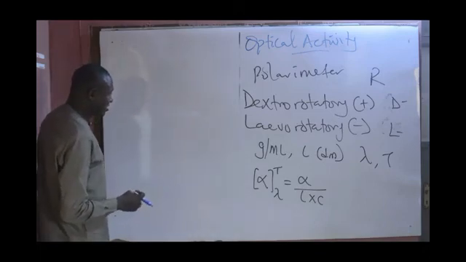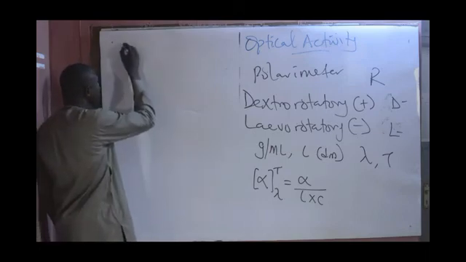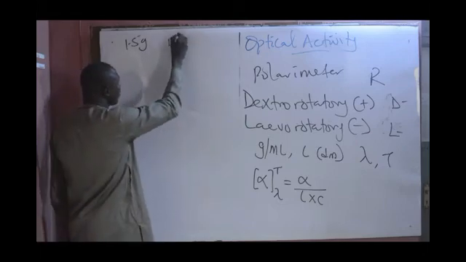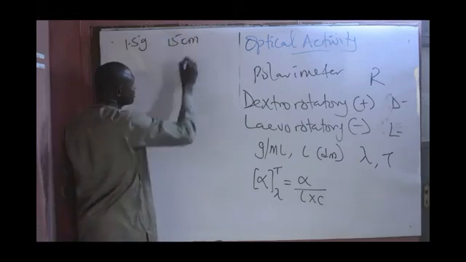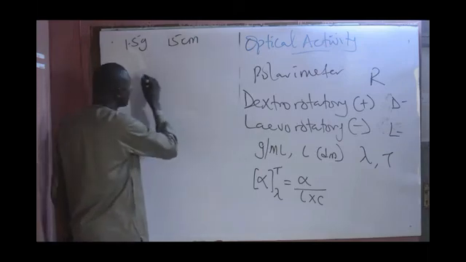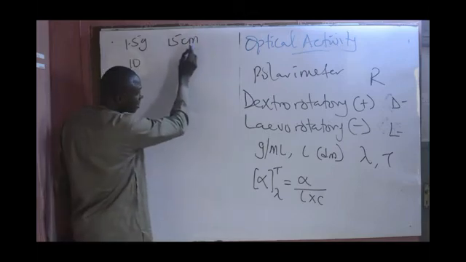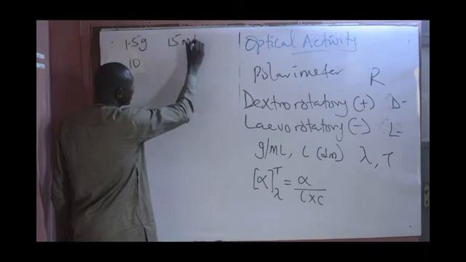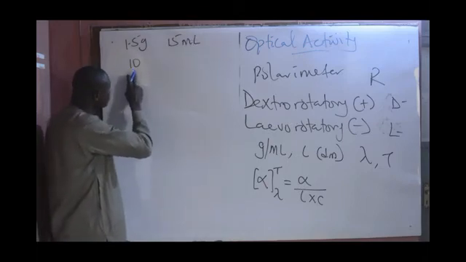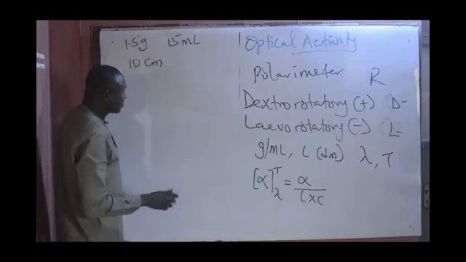Let's take an instance. Assuming you have a molecule with a mass of 1.5 gram placed in a solution of 15 milliliter, in a sample tube with a path length of 10 centimeter, at a particular temperature and wavelength.